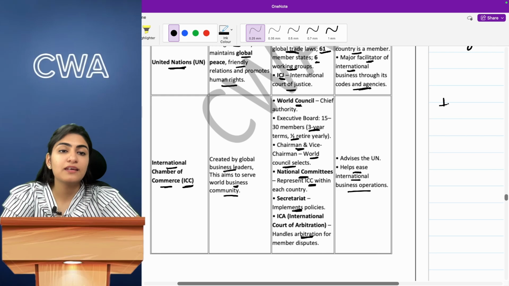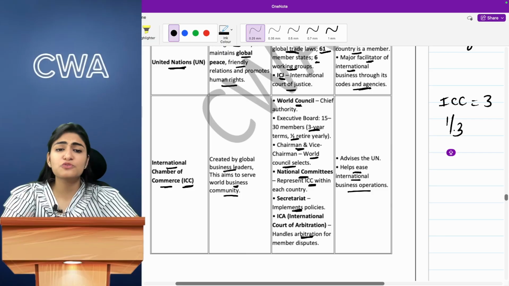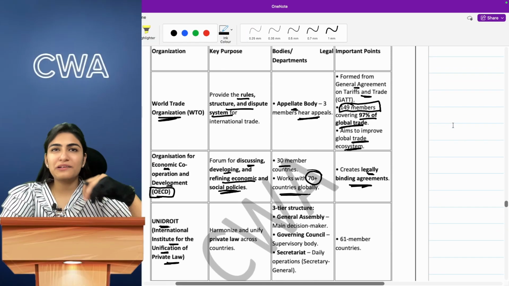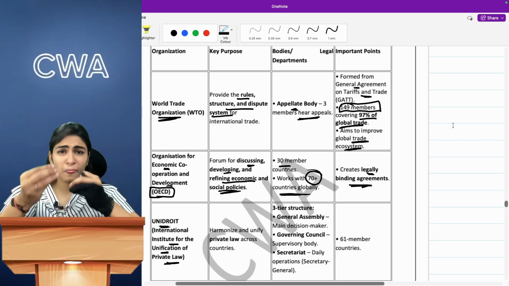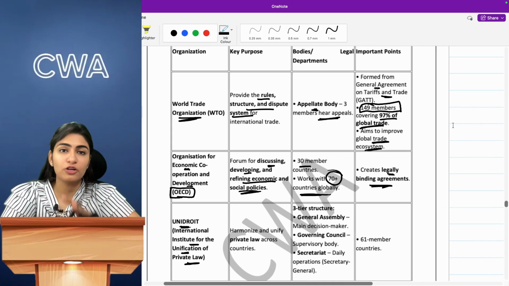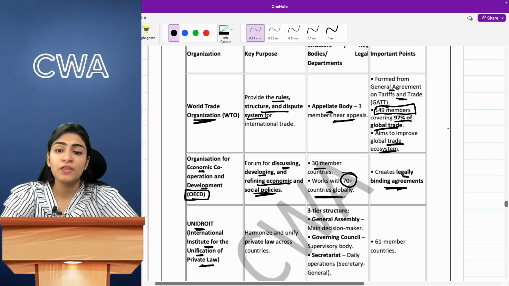In ICC everything relates to 3 years, every member retires, one third retire, and so on. These are just short ways, some very kiddish ways to remember, but it works in the long term, for sure.